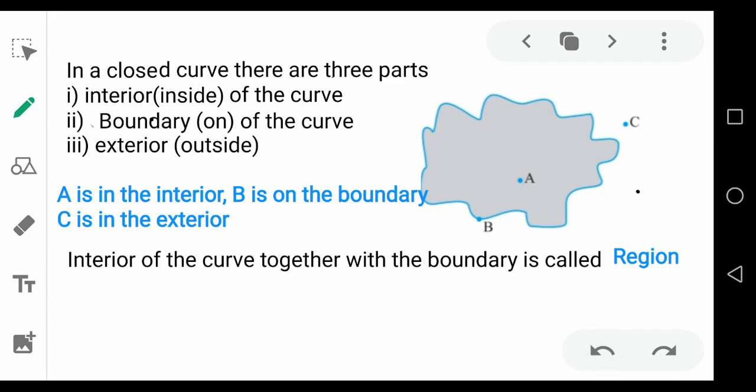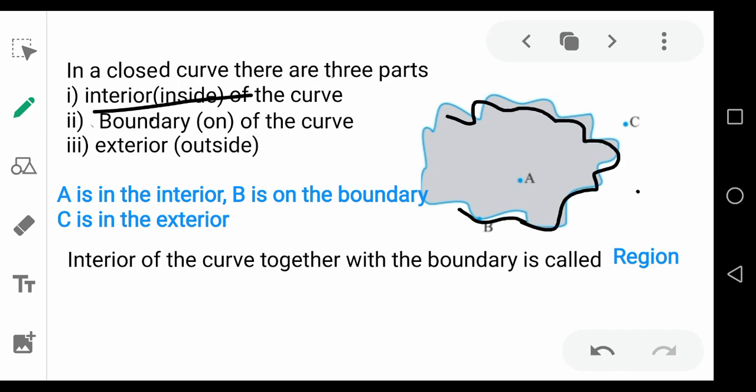So in this closed curve, 3 parts are there. That means inside the curve. Inside means this part which is shaded with ash color, gray color. That is the interior. Interior means inside. So 3 parts are there for a curve. Inside, that is the interior of the curve. Second one is the boundary of the curve. Boundary means this line. This line is there, no? This curve, sorry, not line.